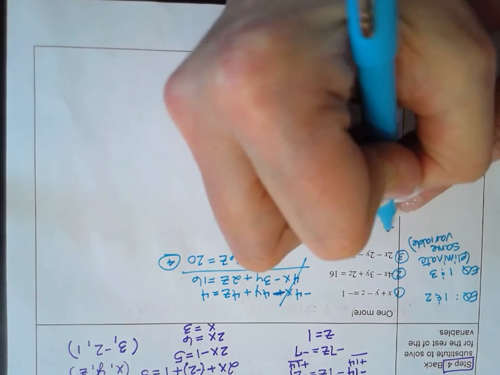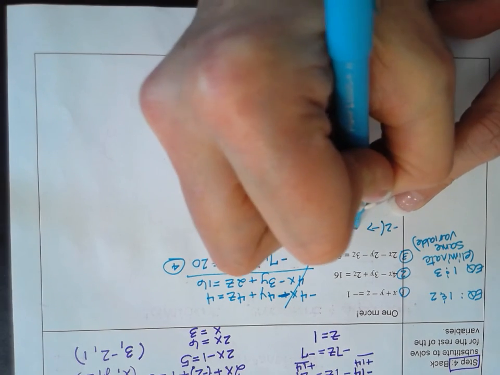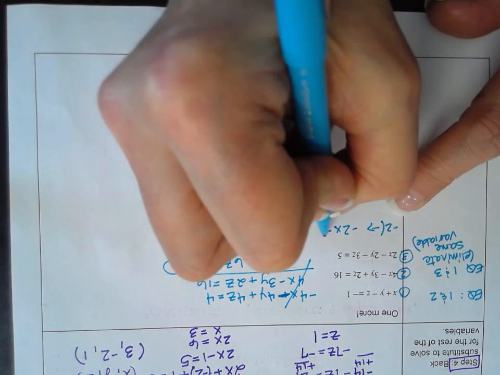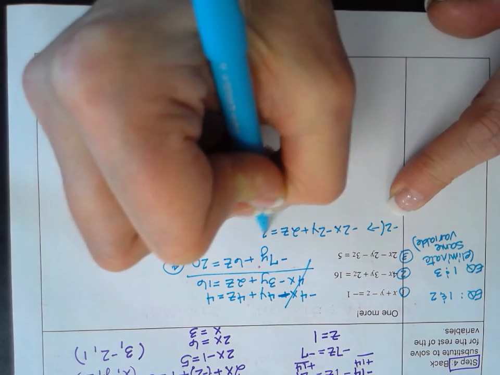So if I multiply it by -2, I'm going to get -2x minus 2y plus 2z is equal to 2.